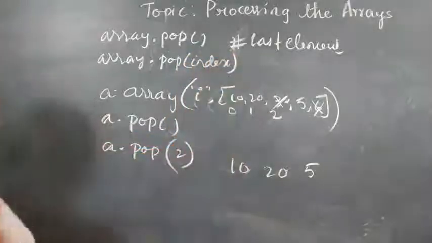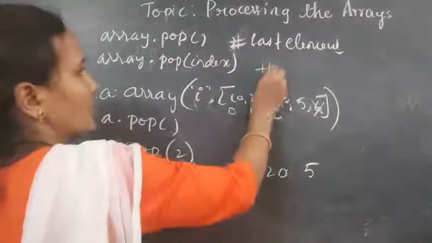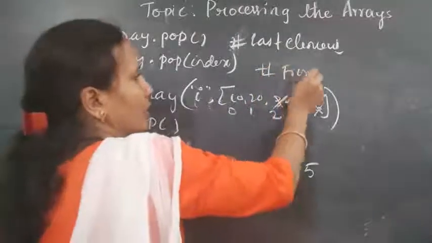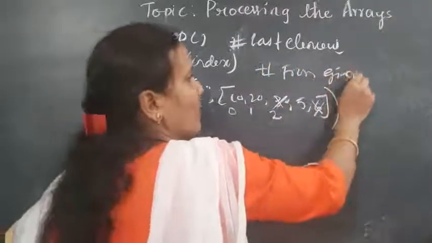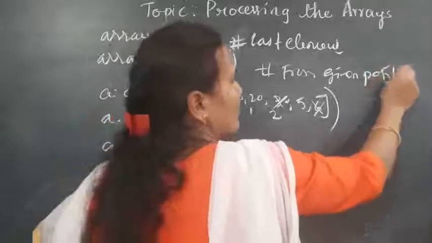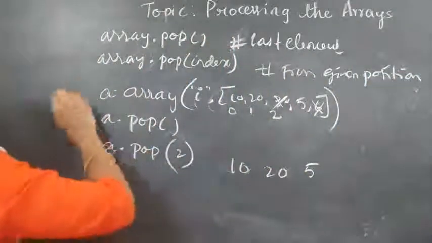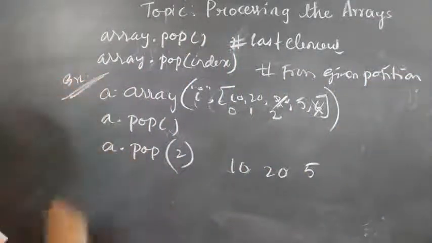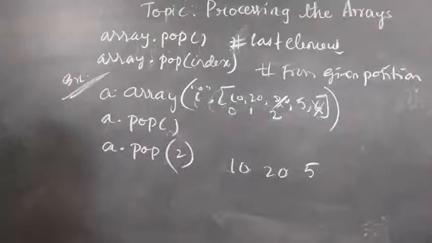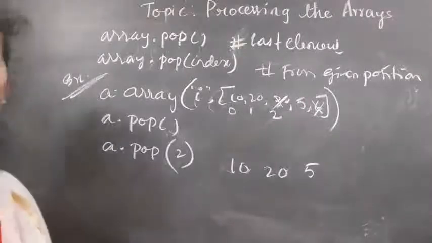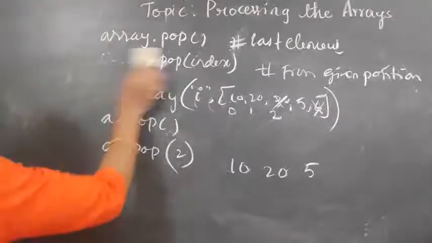The element is removed from a particular position, from the given position. So this is the syntax and this is the example. Now the next method is remove.